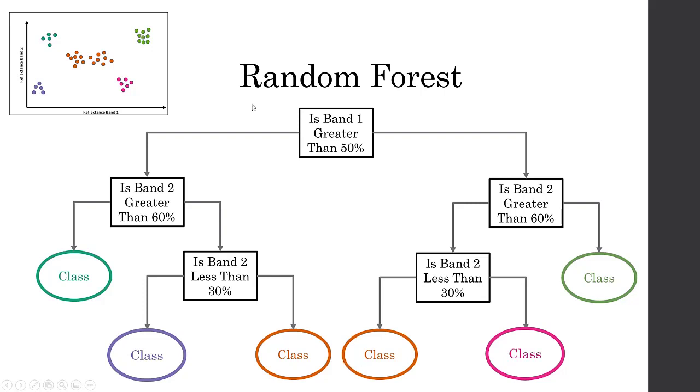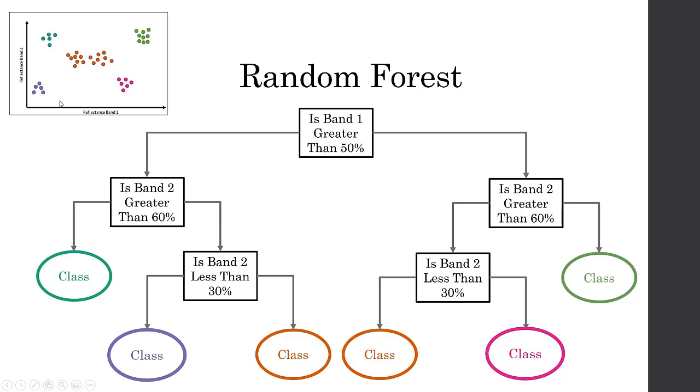Now let's go the other way and say, okay, it's not greater than 50%. So now we're over here, on this side, and we can apply the same logic. We say, is band 2 greater than 60%? Because if it is, we're dealing with everything above this line here, and we're dealing with the green class. If not, we're dealing with the other half of orange and purple.